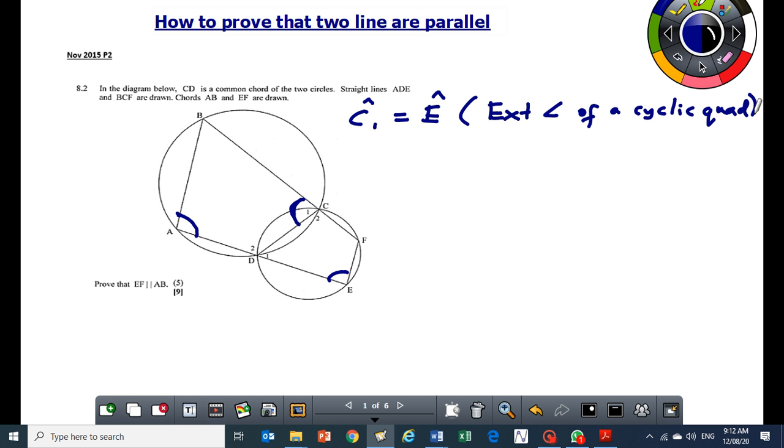Then, I also know that angle C1 and angle A add up to 180 degrees. Opposite angles of the cyclic quad add up to 180. So C1 plus angle A add up to 180 degrees. And here I'll write: opposite angles of cyclic quad.